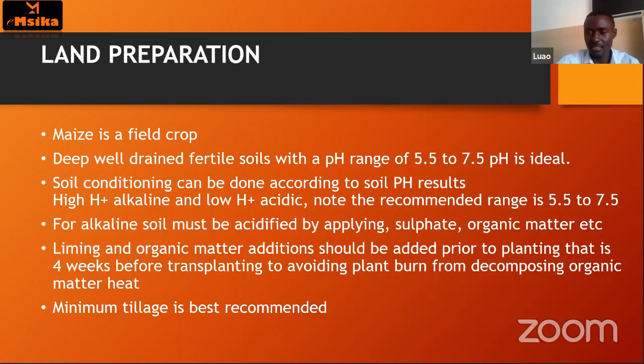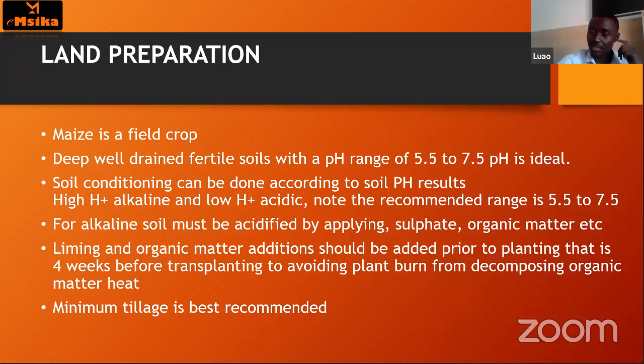The other soil conditioner you can use is gypsum. Gypsum has a percentage of magnesium, some calcium, and sulfur, but the sulfur dominates the calcium in the gypsum. So gypsum also is used to condition the soil.